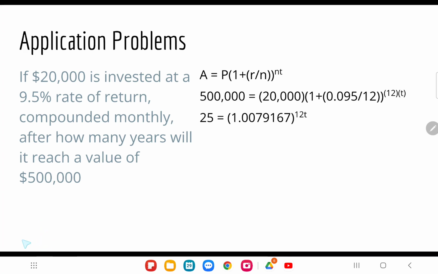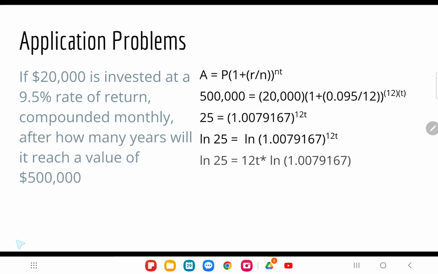I will be using the change of base formula here, or you can use natural log on both sides, whatever is going to be easier for you to do. If you use the base of 1.00796167, you should be using the change of base function on a graphing calculator to get that done more easily.